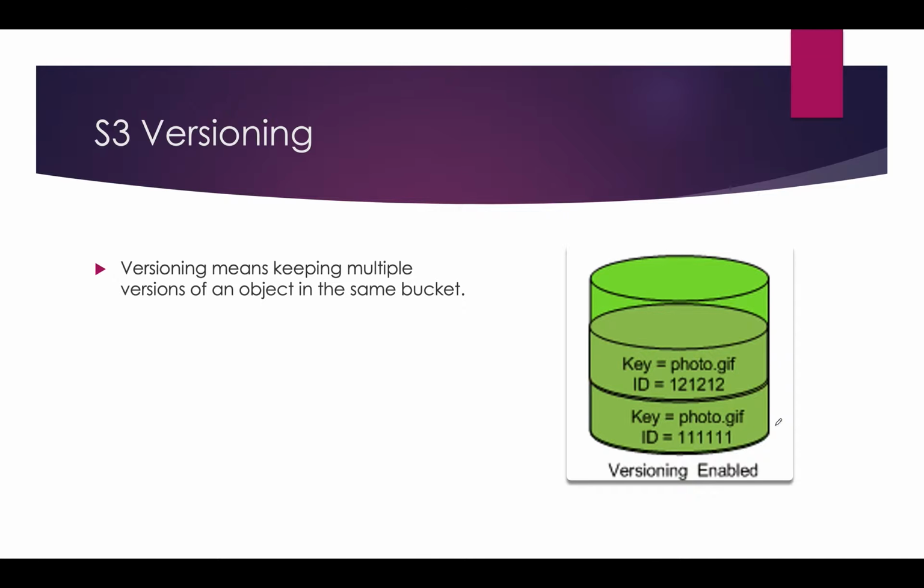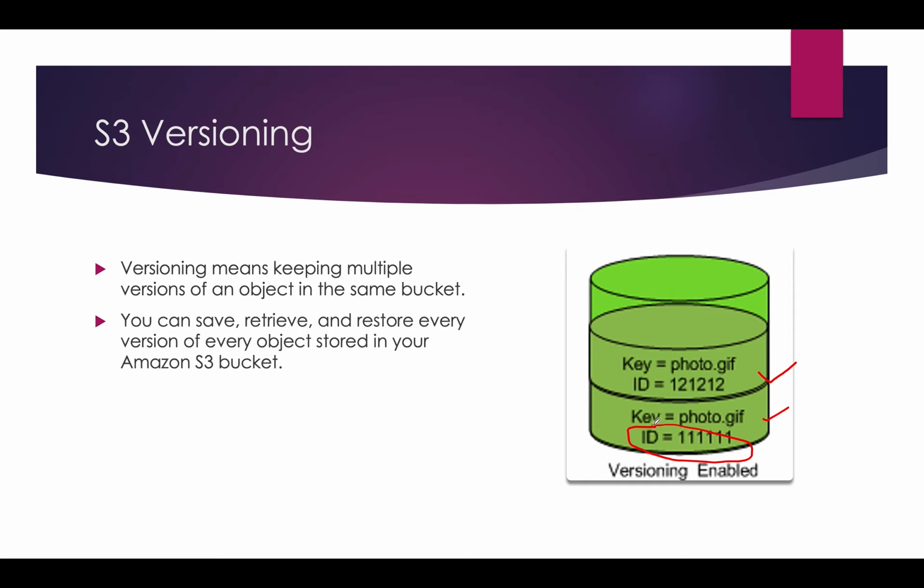See, initially you uploaded one image, then the second time you uploaded, so it will maintain a version id. By using this version id, you can retrieve your image. Okay, this is the concept of versioning. You can save and you can retrieve. Save is nothing but uploading the data, which is putting the image.